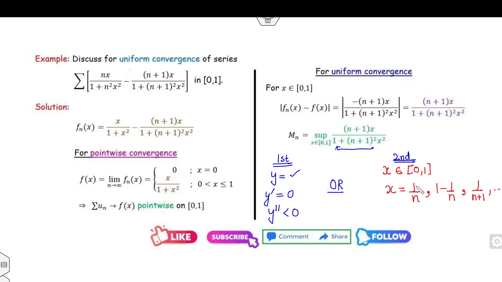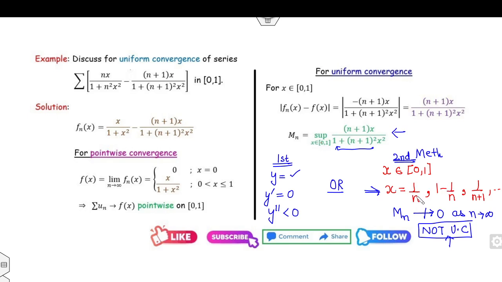You can choose this method only if you substitute a subsequence value in the given M_n, and it does not go to 0. If it does not go to 0 as n approaches infinity, then you can say this is not uniformly convergent.